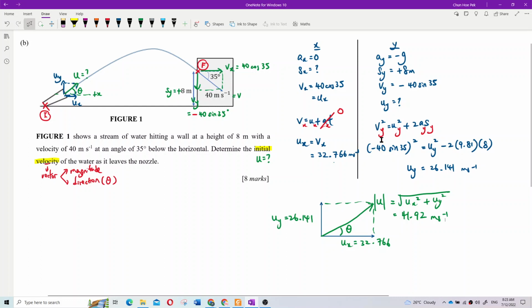Maybe we will check the final answer later on. But the scheme says 19.21, sir. I also got the same, sir. Oh, really? So somewhere is wrong over here. Which part is wrong, yeah? Do you write the same value over here?